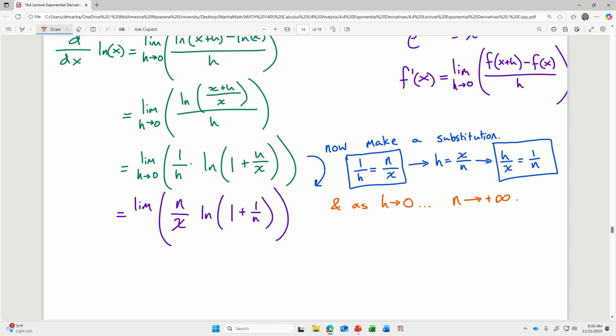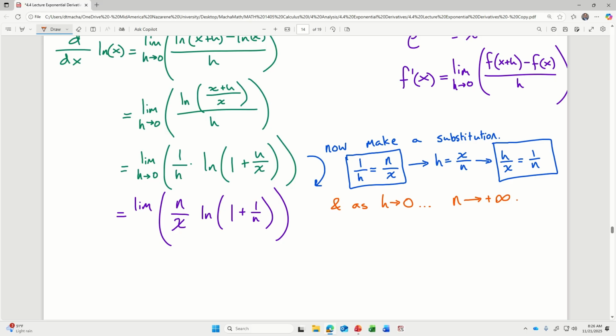Imagine x is like a constant. It's just something we're plugging in. When we take this limit, we're not worried about the x changing. The limit is only concerned with the h being the variable that changes. And so as h is approaching 0, and I'm trying to replace the h's with this n, I'm asking what would n have to do as h approaches 0?